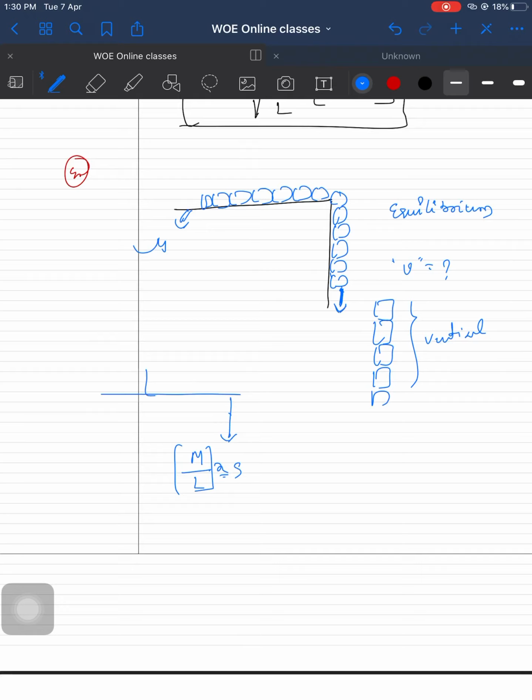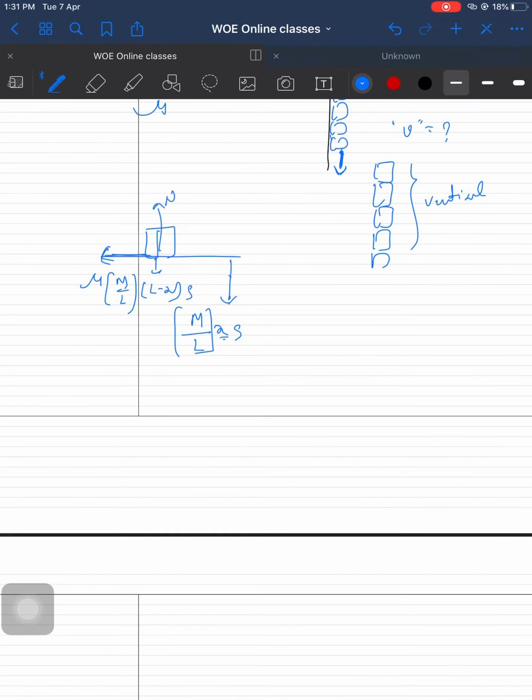Now on the wall there is a friction in the backward direction. Friction is equal to mu N, where the normal is equal to the mass not hanging, m by L into (L minus x) into g.